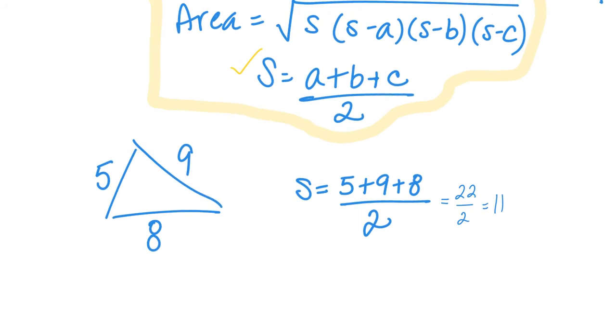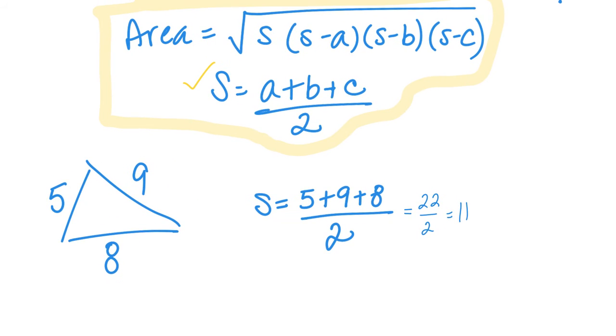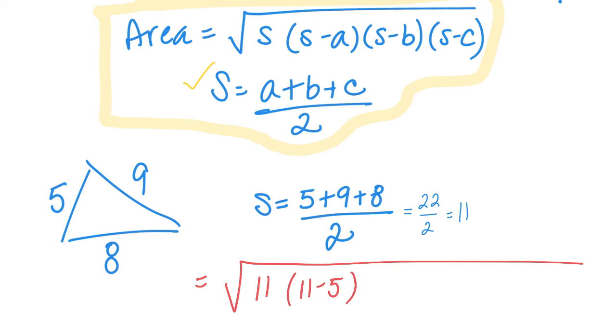So we're going to plug all of this back into Heron's area formula by using the number 11. And you could just go ahead and use your calculator and you could literally put in 11, 11 minus 5, 11 minus 9, 11 minus 8. And when you push equals, you should get the answer.